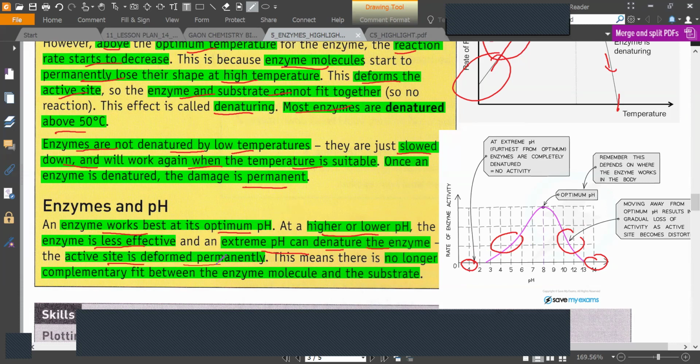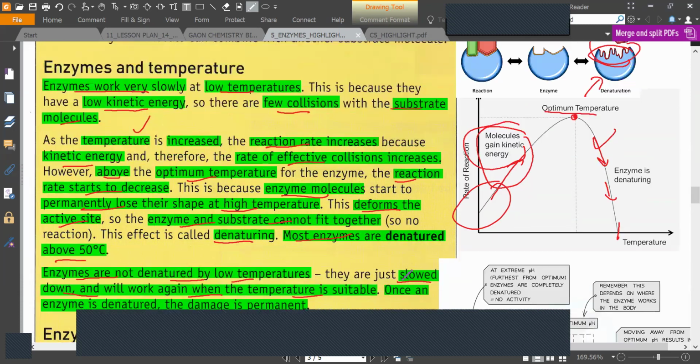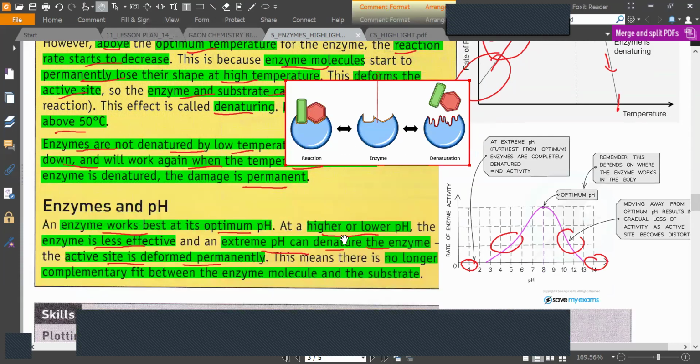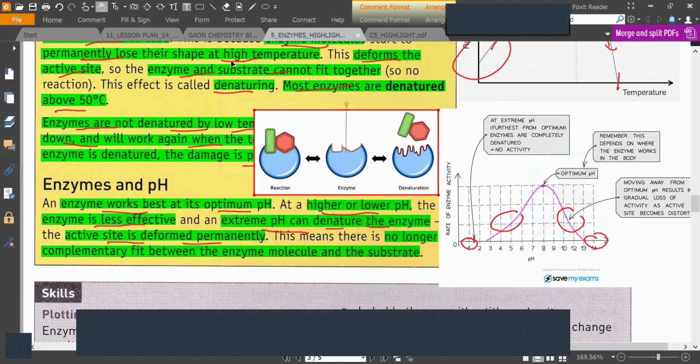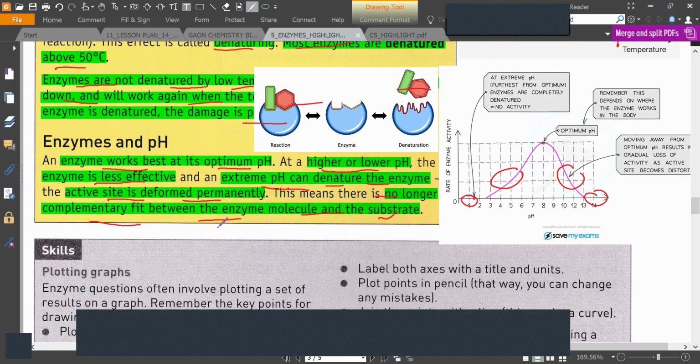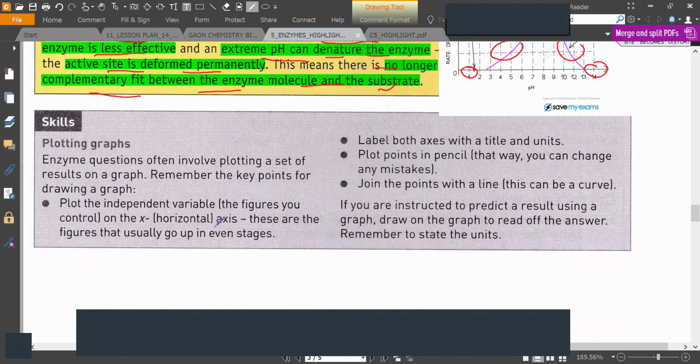So the active site deforms permanently, like what happened just now, and there will be no longer a complementary fit between the enzyme molecule and the substrate. For the extended course, we need to be able to explain in detail.